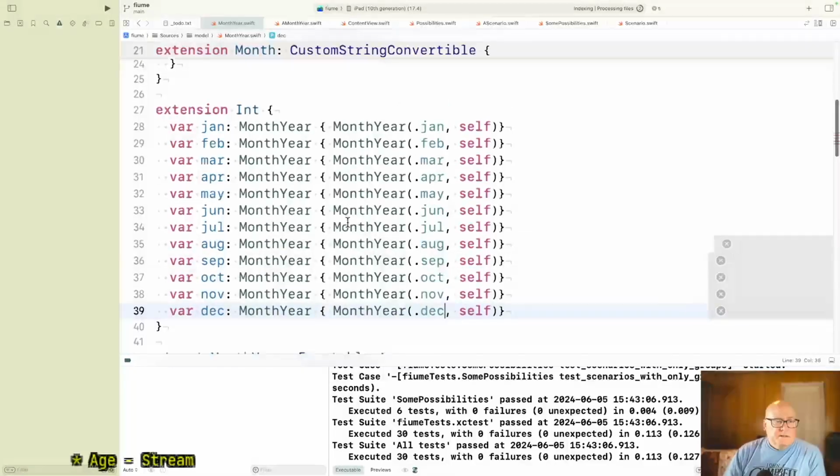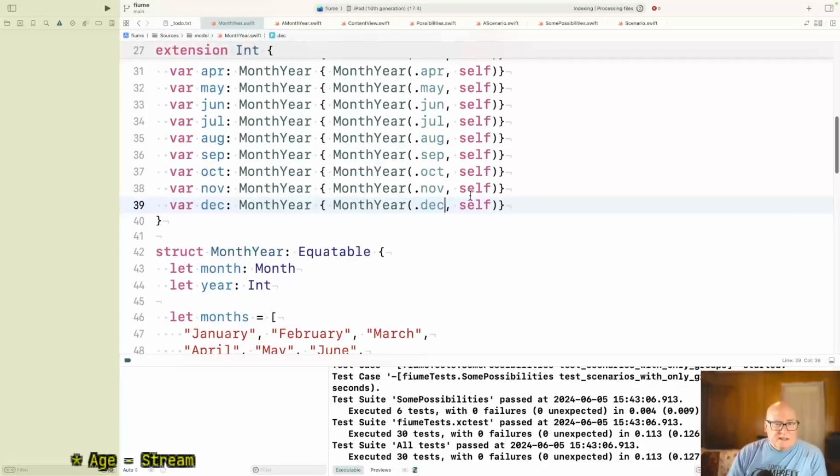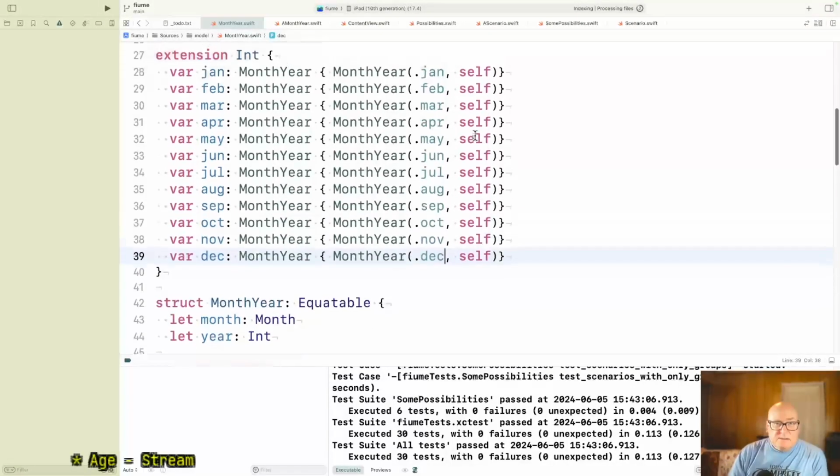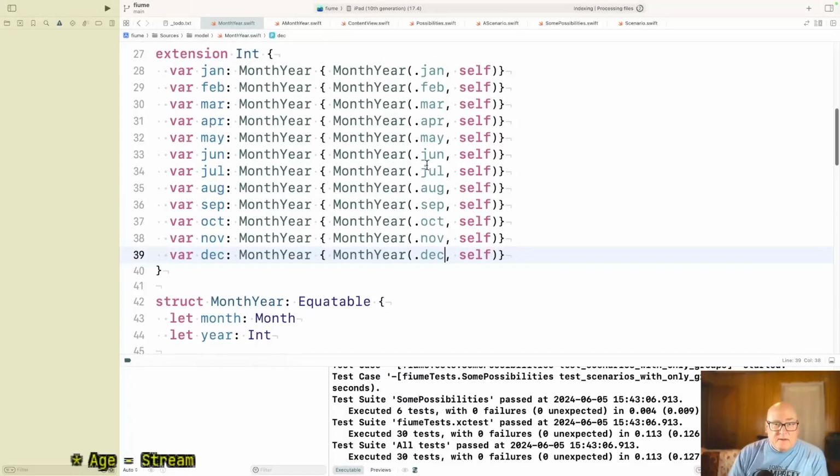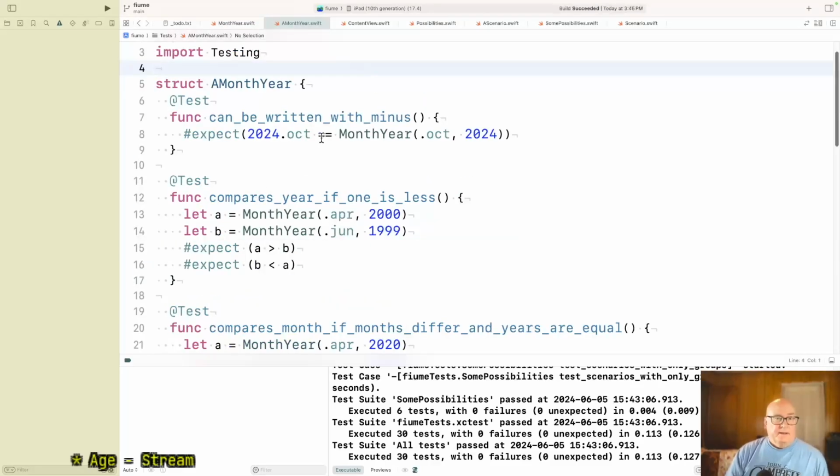Now, I'm not going to test each one of these. I'm going to trust inspection to tell me these are okay and these are okay. All right. Can be written from int, maybe.